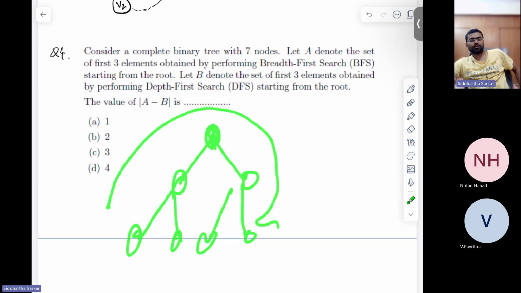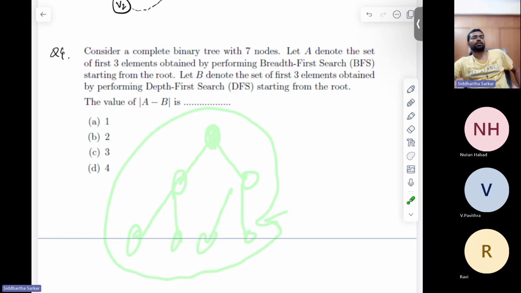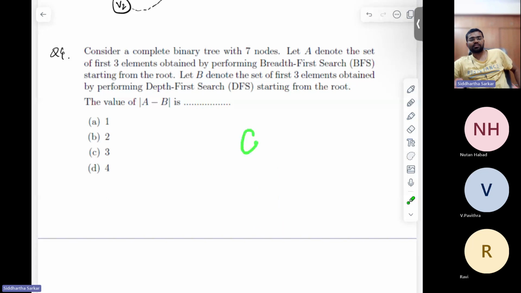This is a complete binary tree, having 7 nodes. Now we think about it. And remember, BFS means you first explore the neighborhood of a vertex. And DFS means you explore only one neighbor of a vertex and then you explore another neighbor of the recently discovered vertex and so on.